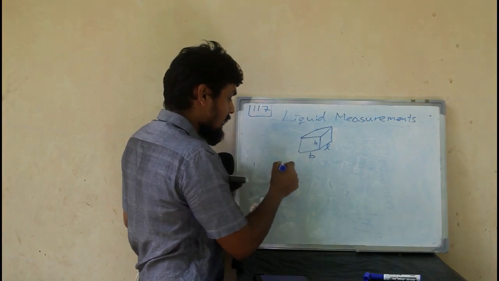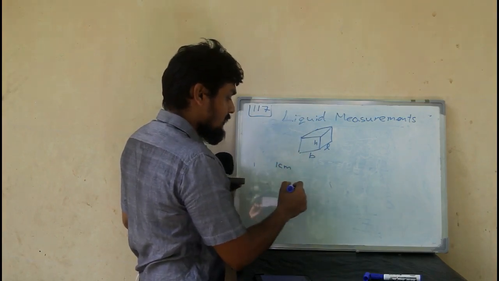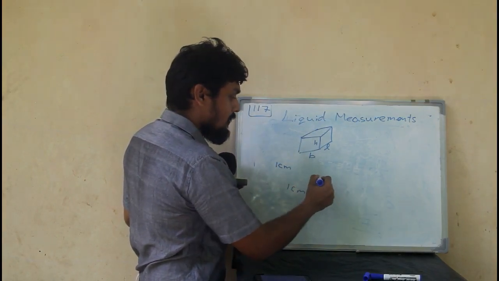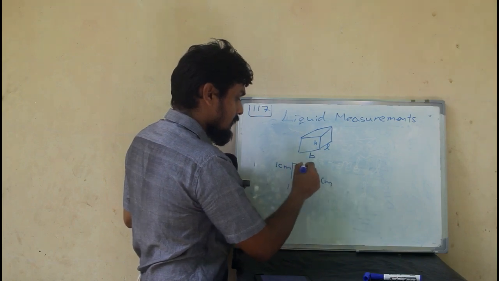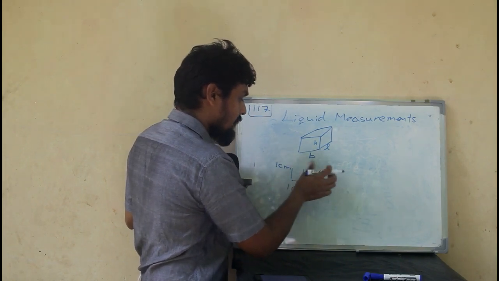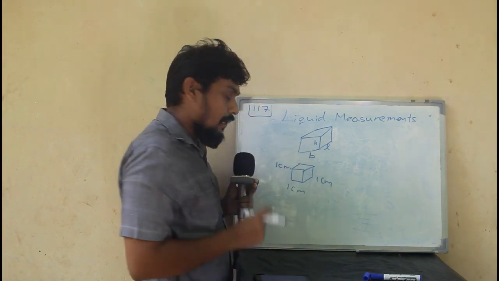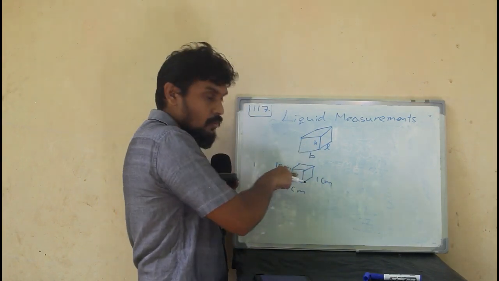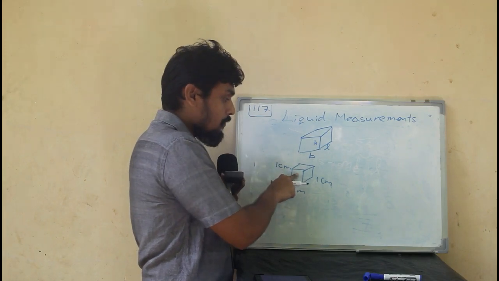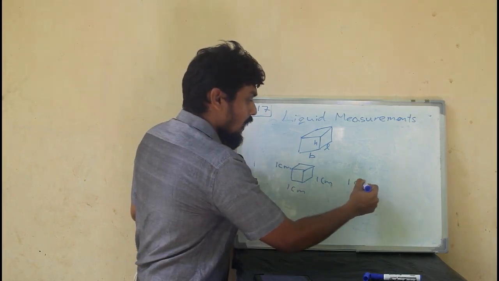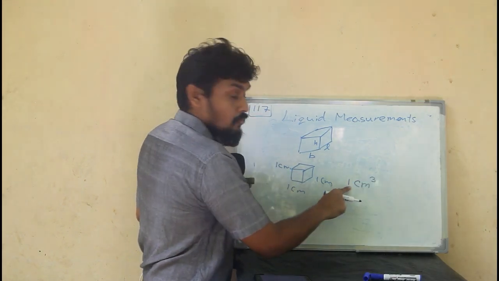Assume 1 centimeter height, 1 centimeter length, 1 centimeter breadth. If you have a solid like that, it is a cube.